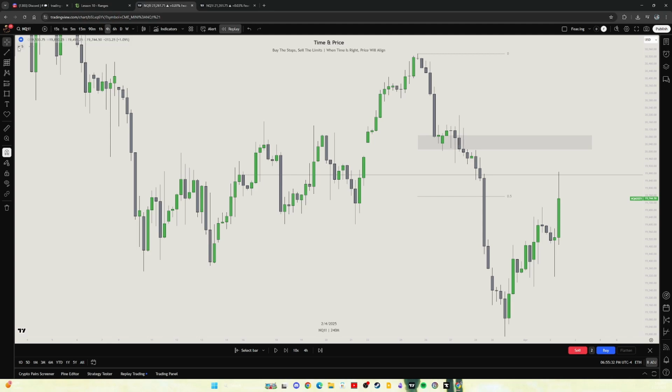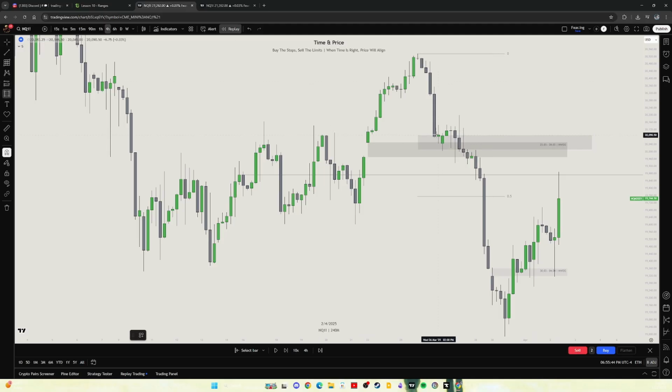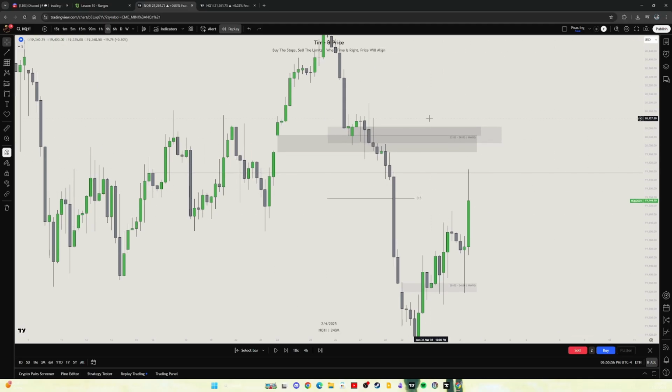Something I did mark out was, it's not just PD arrays, but it can also be NWOGs and NDOGs that act as PD arrays. So we have the daily CB, this NWOG. Additionally, we have an NDOG, right here, between Wednesday and Thursday open. So NDOG there, NWOG, daily CB, weekly order block, all aligning together.